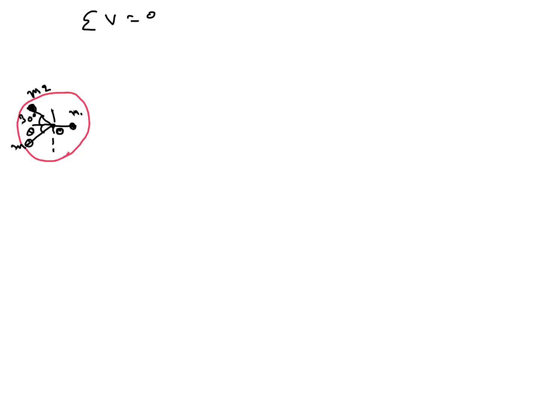For m1 it's 0, plus m2 r2 omega 2 square into sin 30, minus m r omega square into sin theta equal to 0.